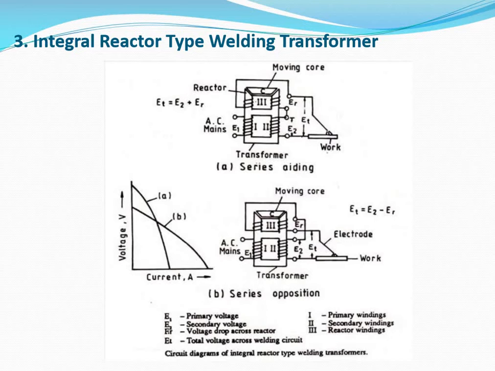Apart from the main limbs, the core has additional limbs carrying the reactor winding, and the current is adjusted by means of moving core C, which is placed between the additional limbs, as shown here. This is the moving core.